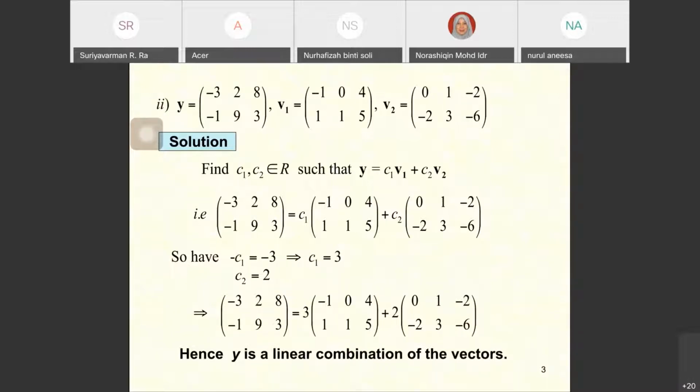Okay. Boleh tak? Any question? Doctor, for just now, it is like there is no solution. So we should say that Y is not a linear combination. I wrote that, right? Yes.